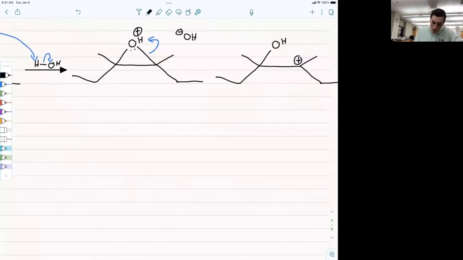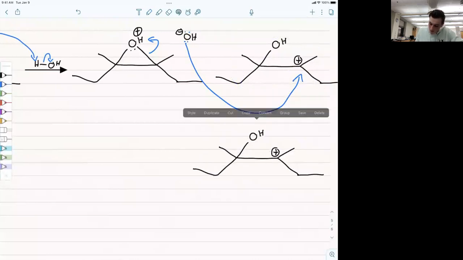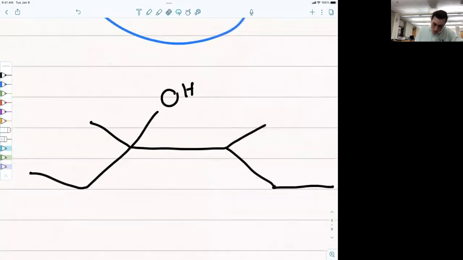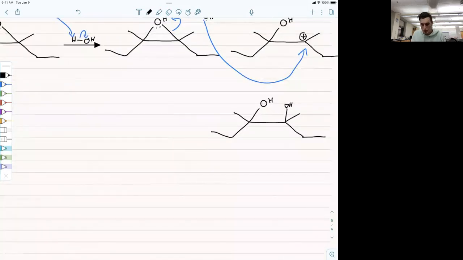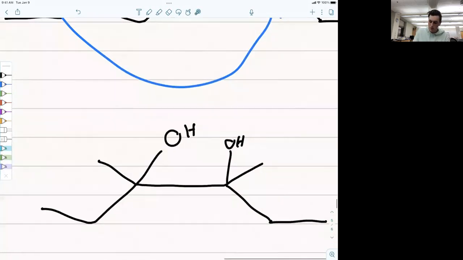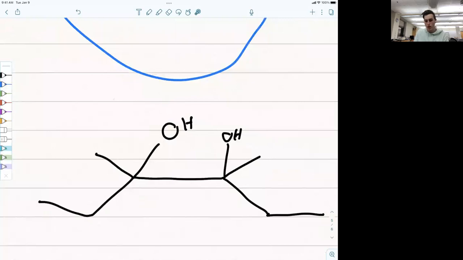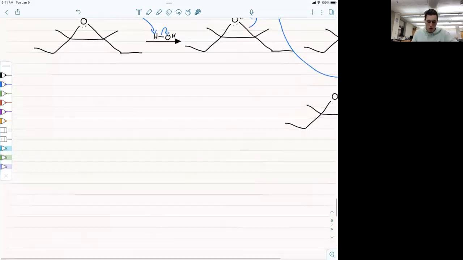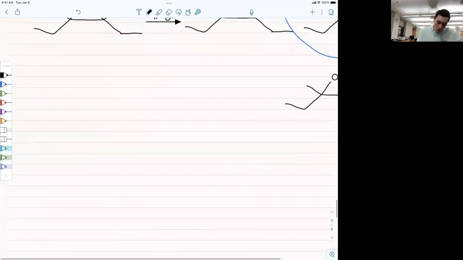So I am all good to add my OH nucleophile and draw my product, which is this. And we're good. Oxygen has 2 bonds here in both spots, so they both have 2 bonds, so they're happy. And then the last thing we'll do is an intramolecular.